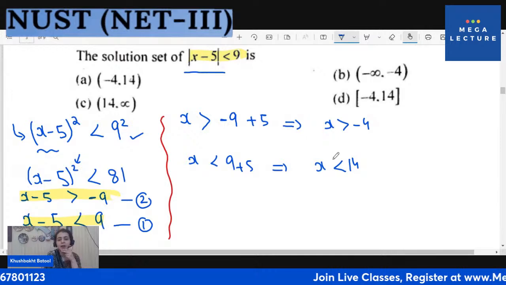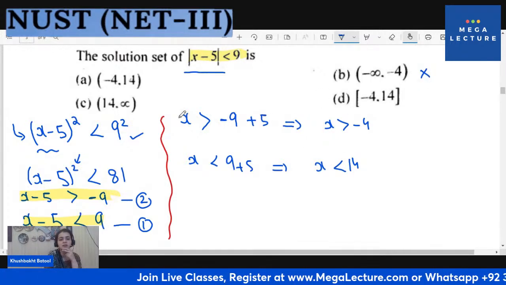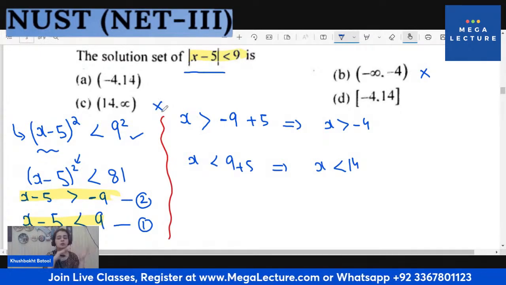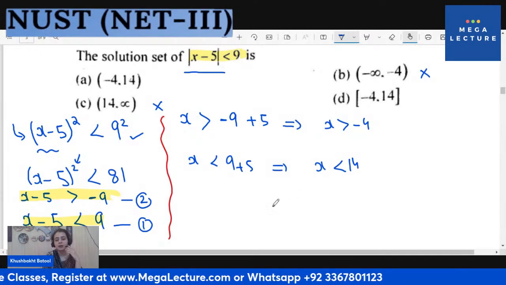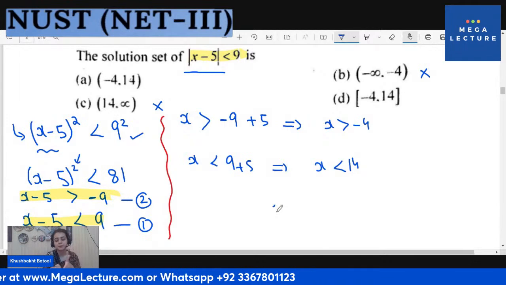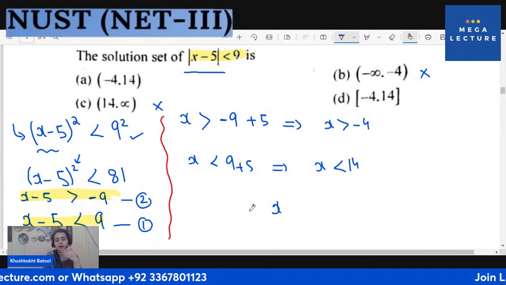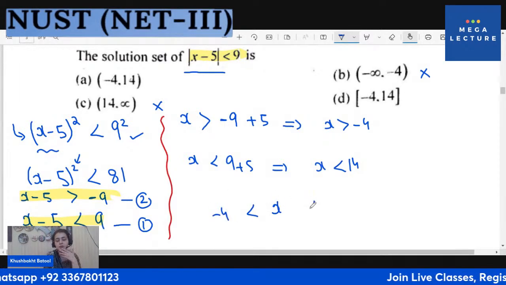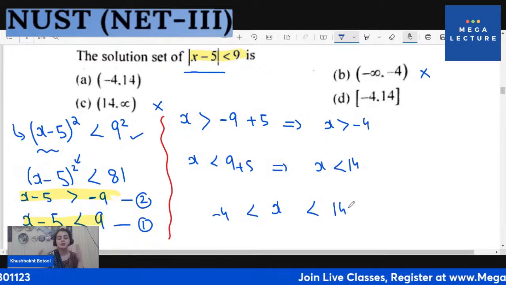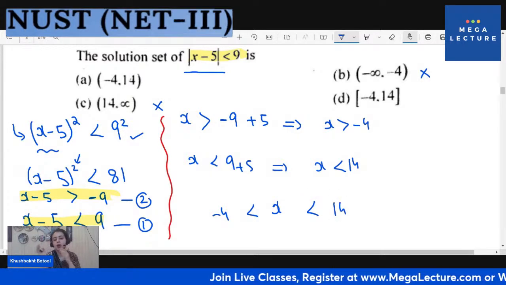When I combine both the answers, obviously B is not the answer, C is not the answer, because we do not have infinity. We can write it as -4 < x < 14. So we are staying between -4 and 14, right?